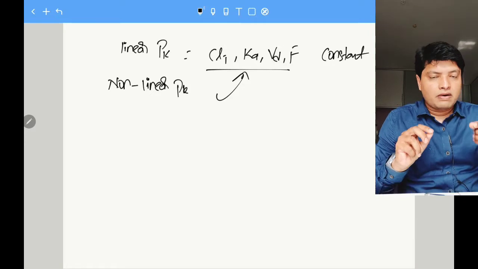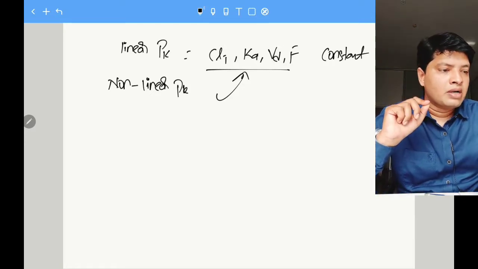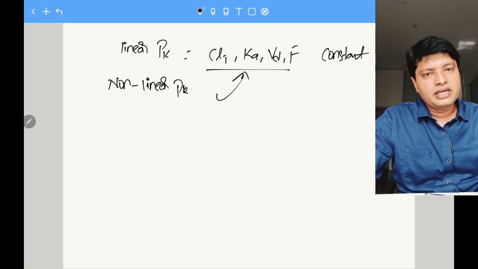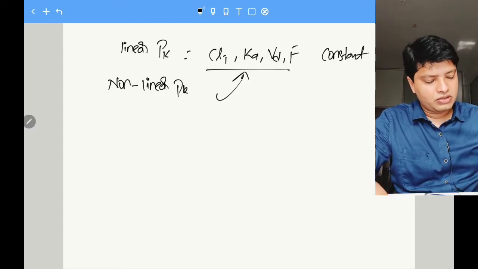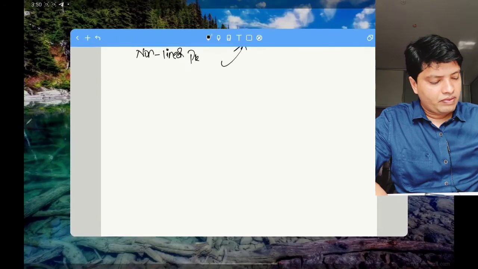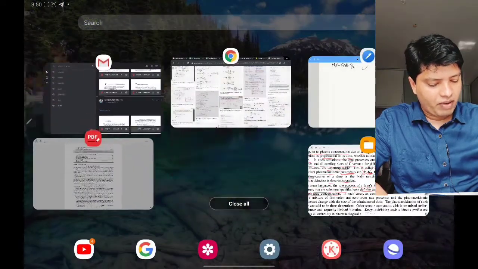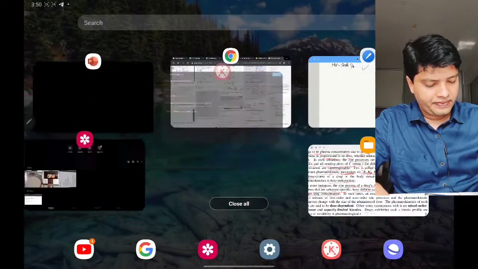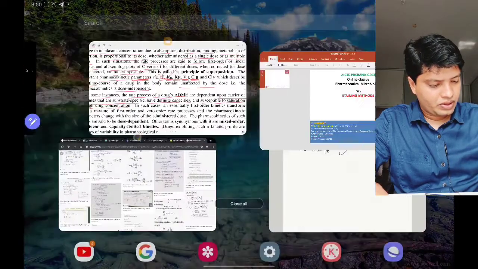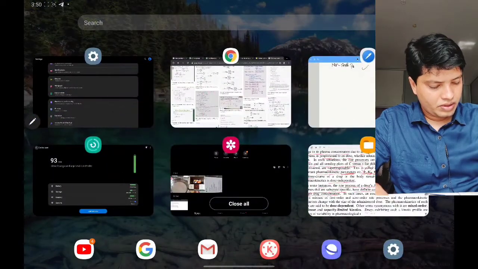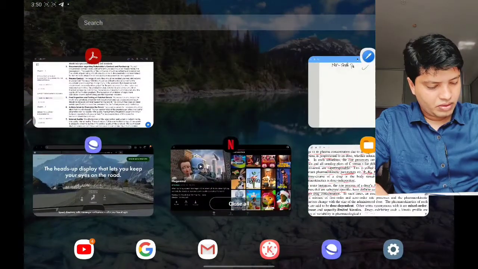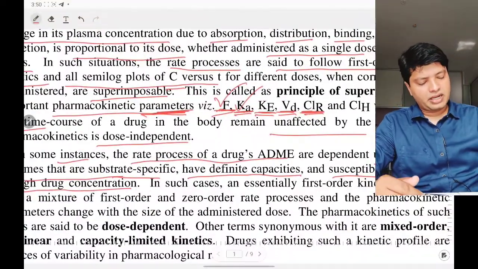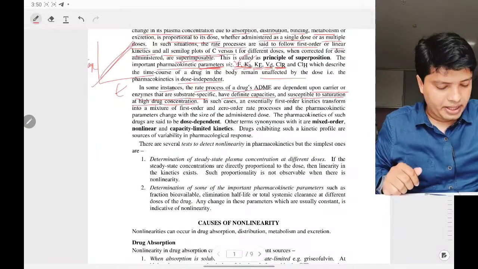So this is the thing where you determine whether the particular drug is following linear or non-linear pharmacokinetics. So what are the methods to see whether the drug is following linear or non-linear pharmacokinetics?